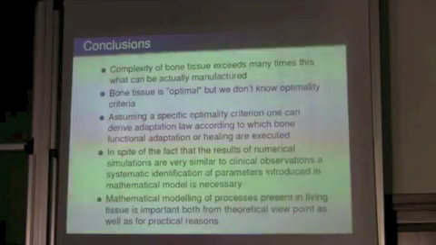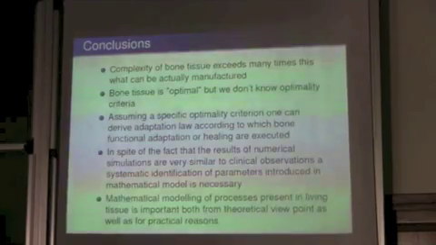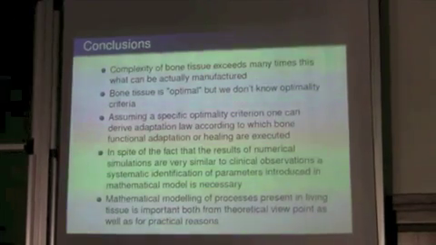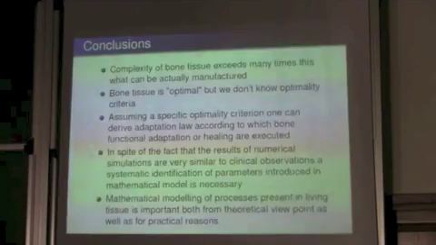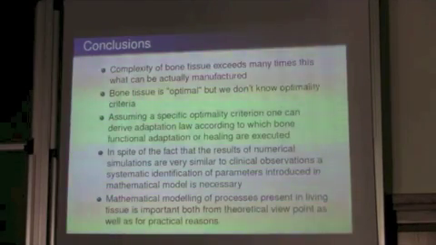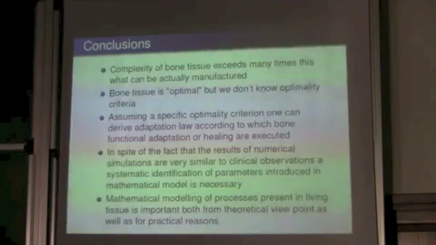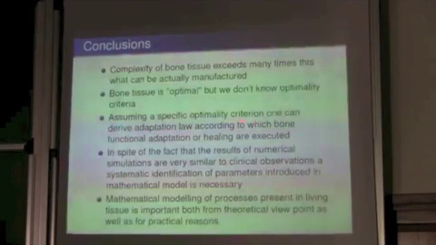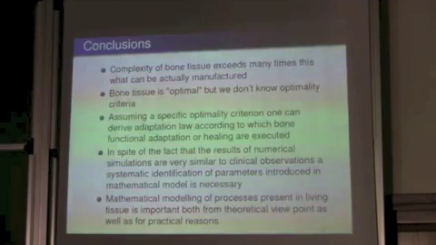Okay, so I finish with the conclusions. As I already mentioned, the complexity of bone tissue is much higher than what we face in engineering activities. Bone tissue is optimal, but we don't know what the optimality criteria are. This is what I said already. The cost function depends on our taste. Assuming a specific optimality criterion, we can derive an adaptation law, our own adaptation law.